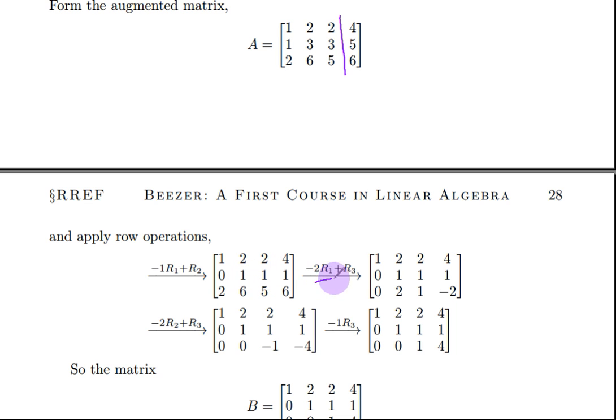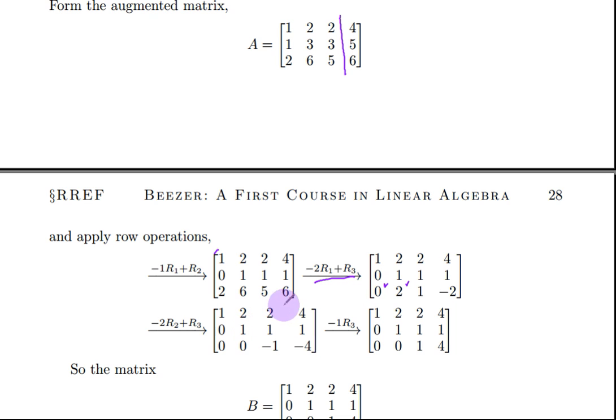If you do this operation, minus 2 times r1 plus r3, and replace the third row with the result, well, we're working off this matrix now. Let's see what happens. Minus 2 times 1 plus 2 gives you 0. Minus 2 times 2 plus 6 gives you 2. So these work out. And you can check the other ones.